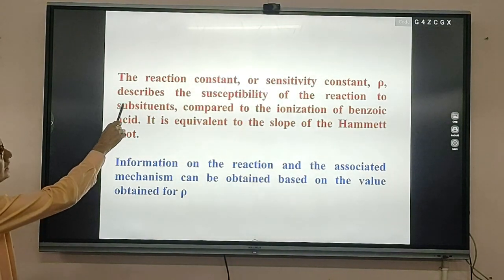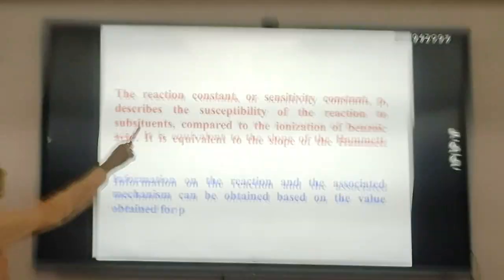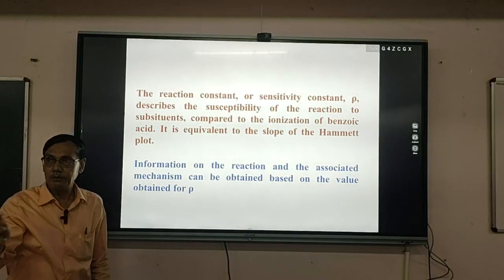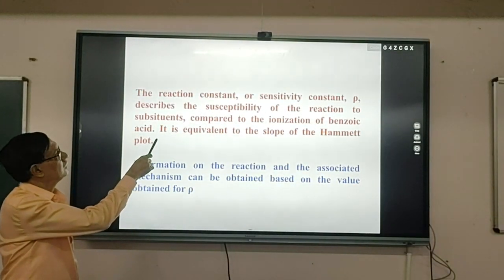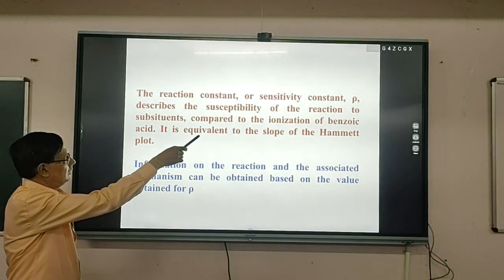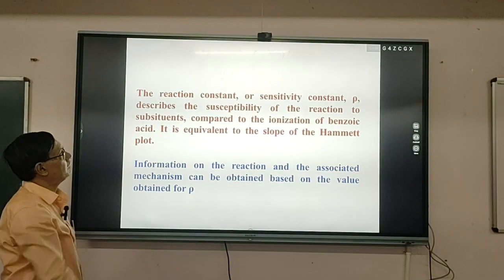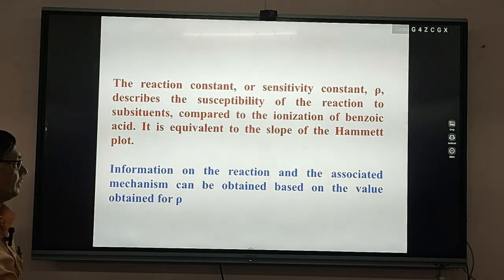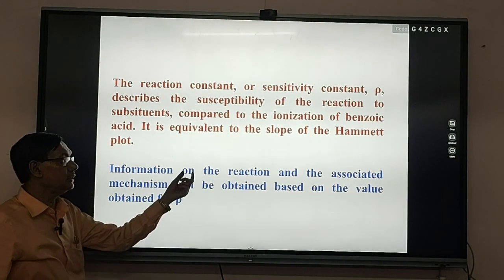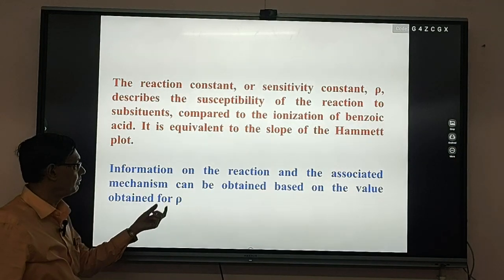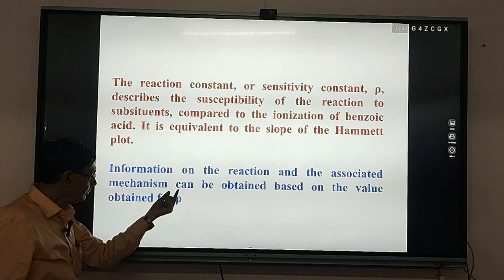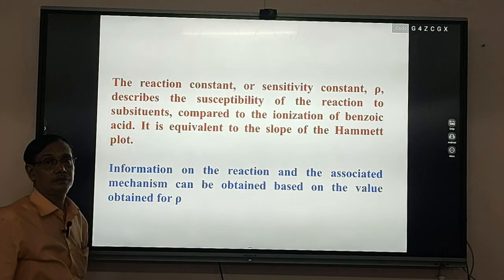This reaction constant is sometimes called the sensitivity. Now I am coming to the application of the Hammett equation. The rho value describes the susceptibility of the reaction to the substituents, and information on the reaction and the associated mechanism can be obtained from the value of that reaction constant.